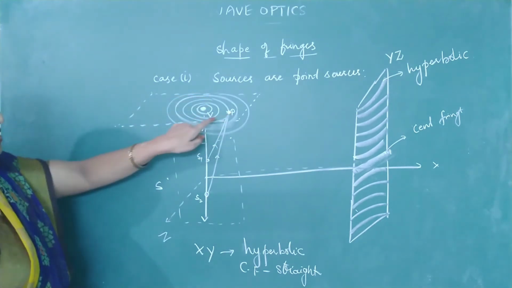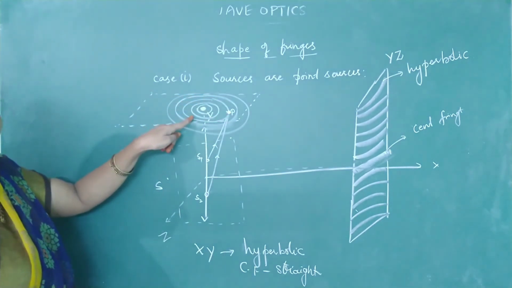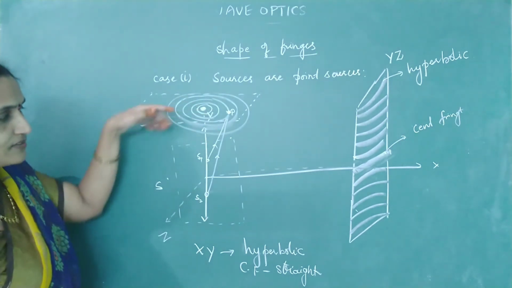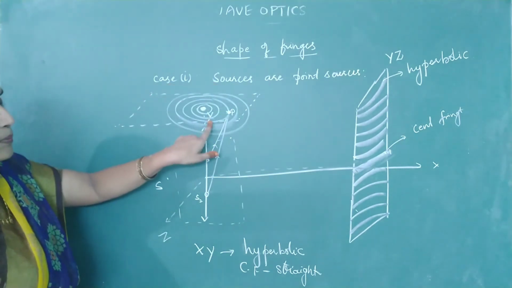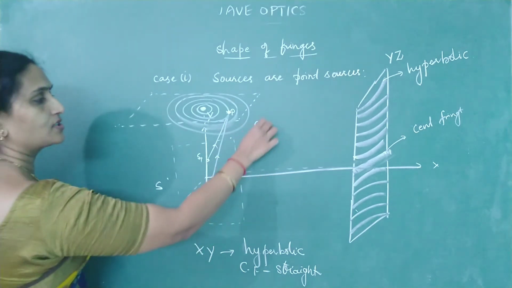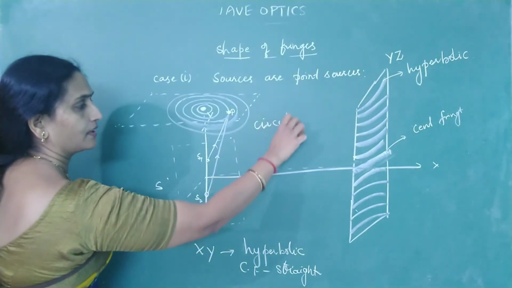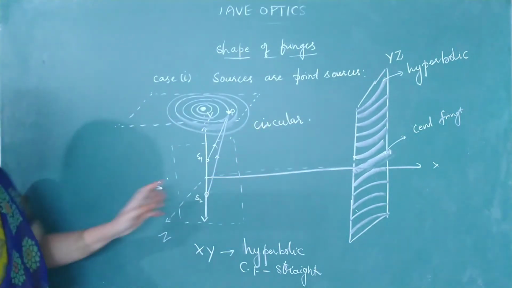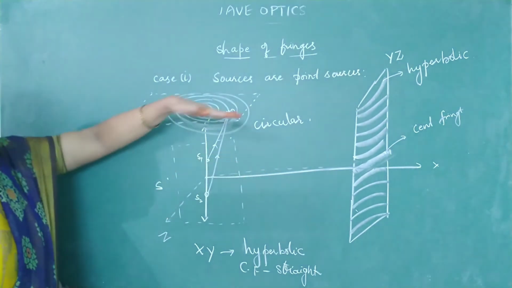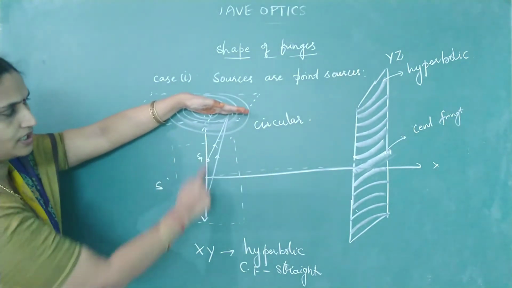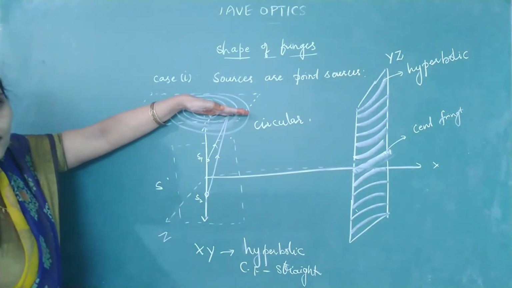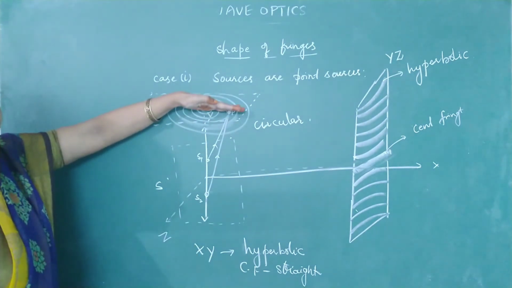So if this is a bright fringe, this whole circle should be a bright fringe. So what is the shape of the fringes in a plane perpendicular to the y-axis? The shape of the fringes becomes circular. So we get circular fringes for this plane, where S1 and S2 are lying along the y-axis and your plane is perpendicular to the y-axis.